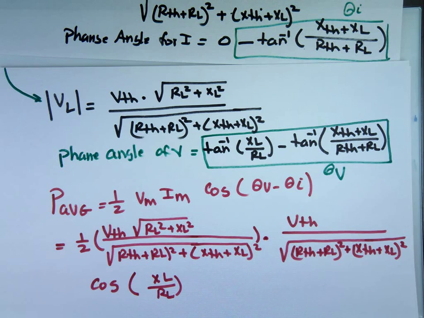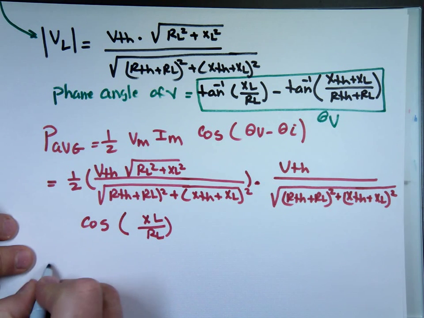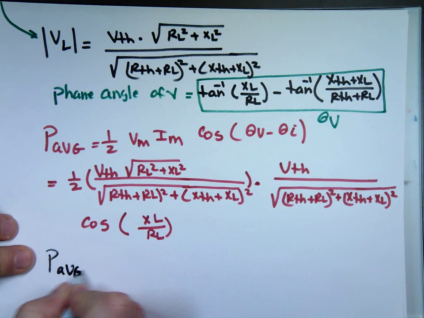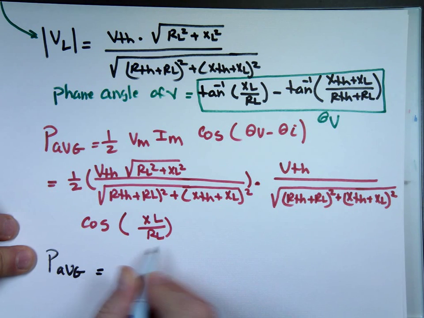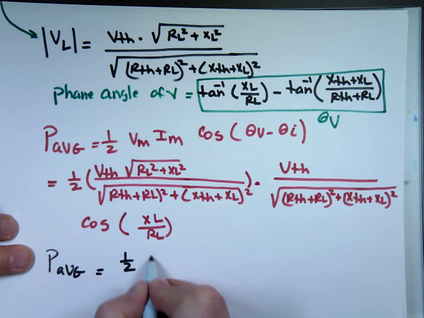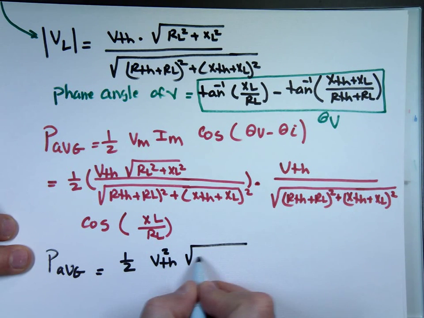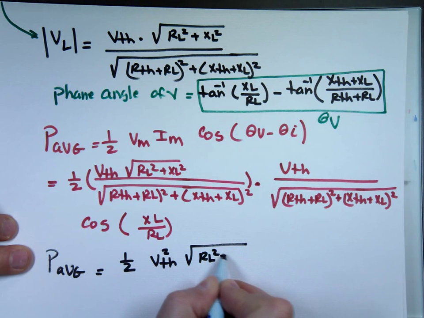If you clean this up a little bit here, P average is going to be 1/2 V Thevenin times V Thevenin, which is V Thevenin squared, over R sub L squared plus X sub L squared.